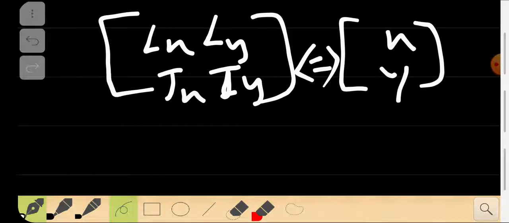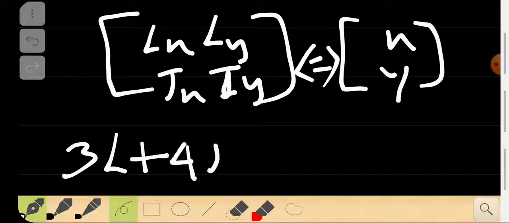Now how can you use it? Let's say that you have a vector of 3L plus 4J cap. That's the vector that you have.